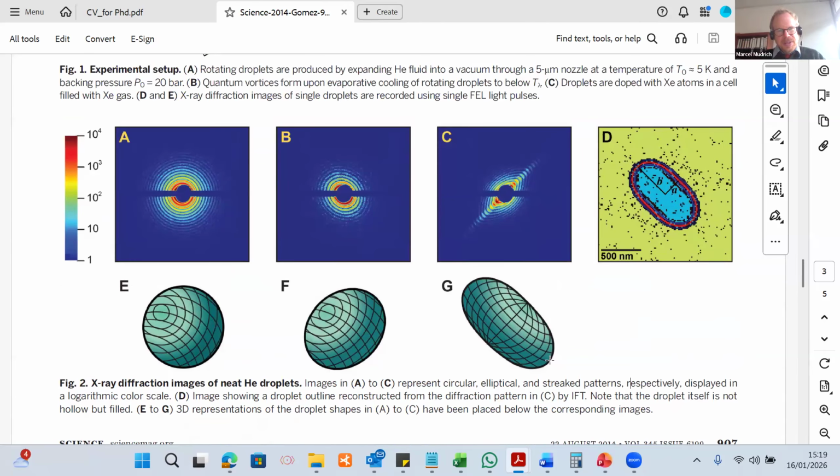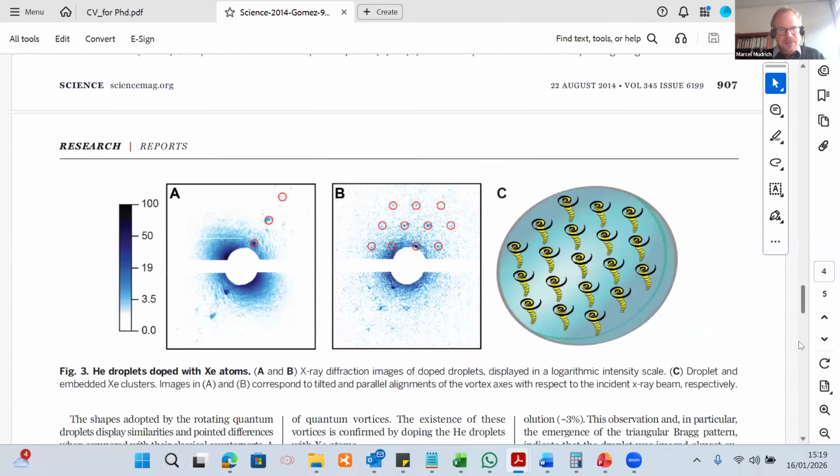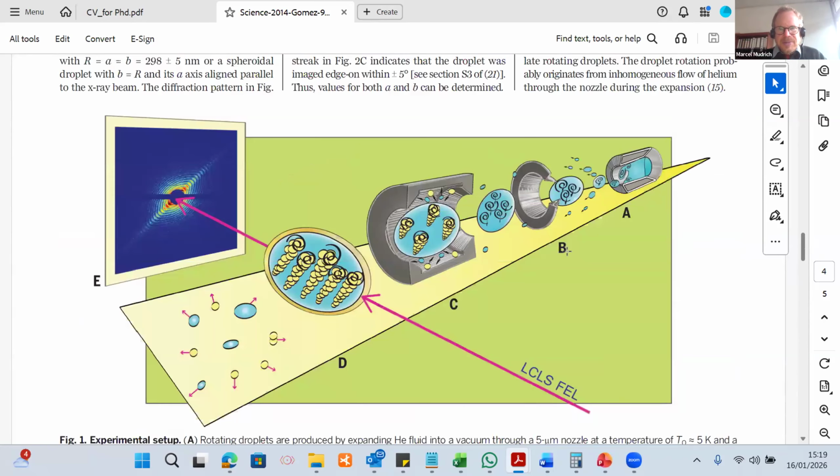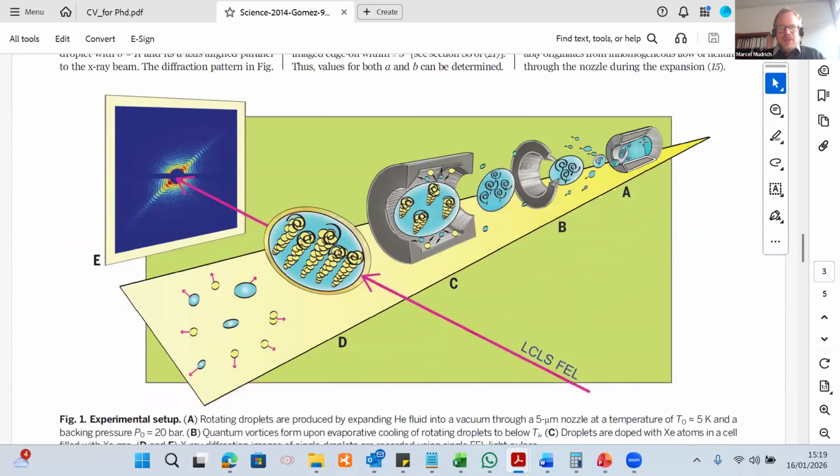The conclusion was that these large helium droplets, in the formation process, as the helium flows out of the nozzle, as illustrated here, are produced from liquid helium that is ejected into the vacuum.